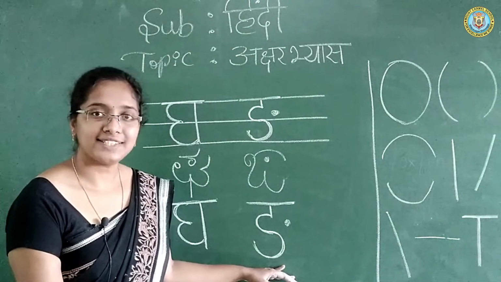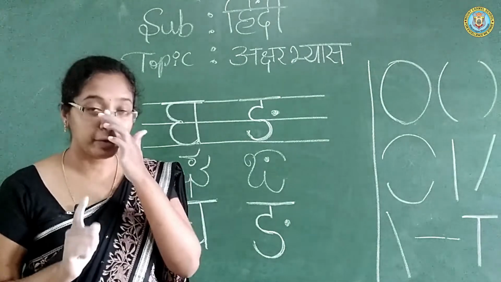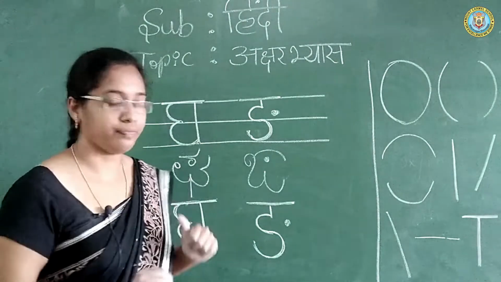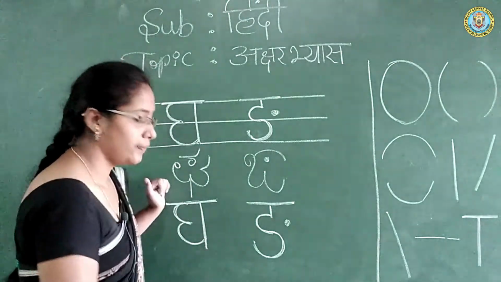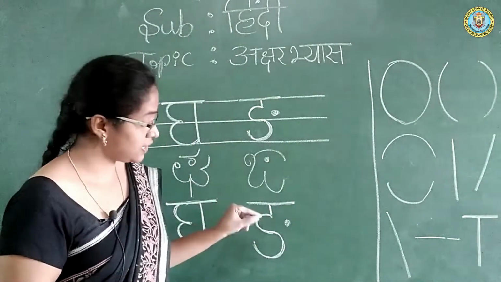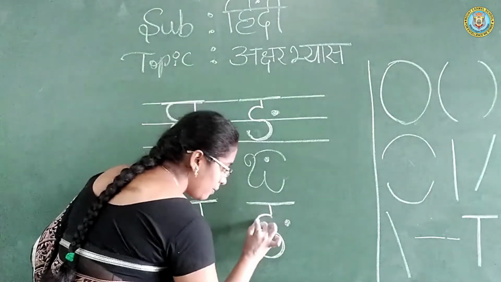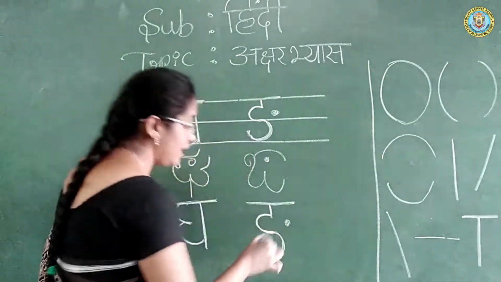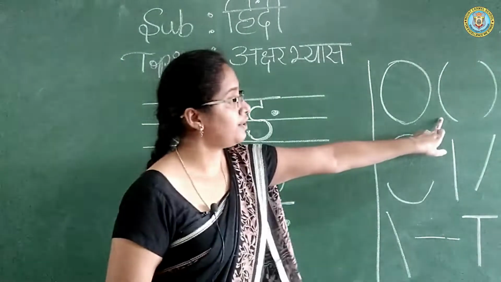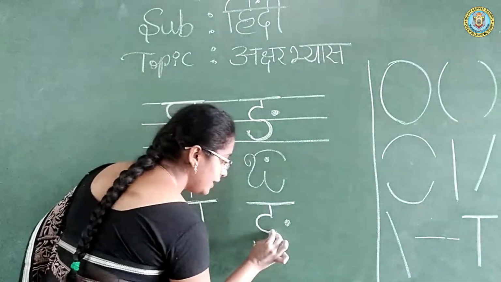Now let's repeat once again. Everybody write in your notebook along with me. Put one small standing stroke, and a left curve. Here is the left curve, and the right curve.